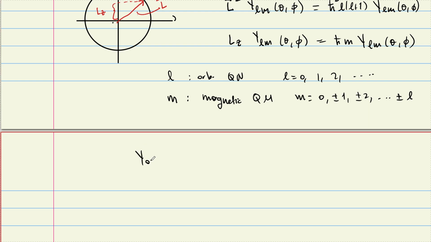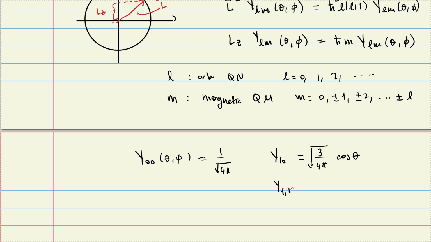Maybe I can give you just a couple of those spherical harmonics. For example, Y_00, and let me not write theta and phi every time to save some time. This is 1 over root 4 pi, so this is constant. Y_10 is equal to root 3 over 4 pi cosine theta.